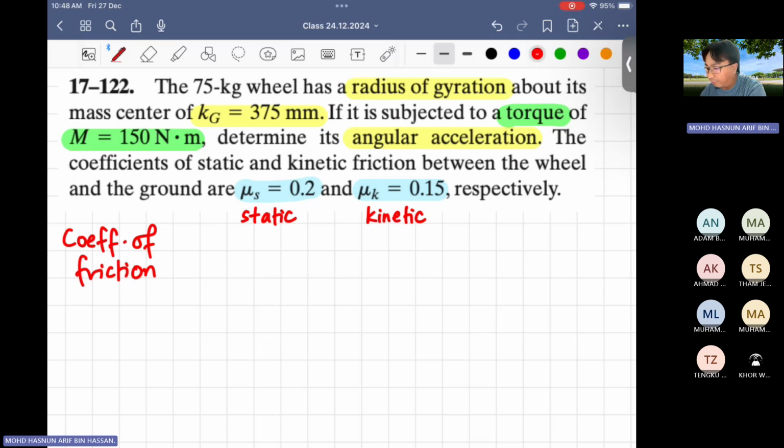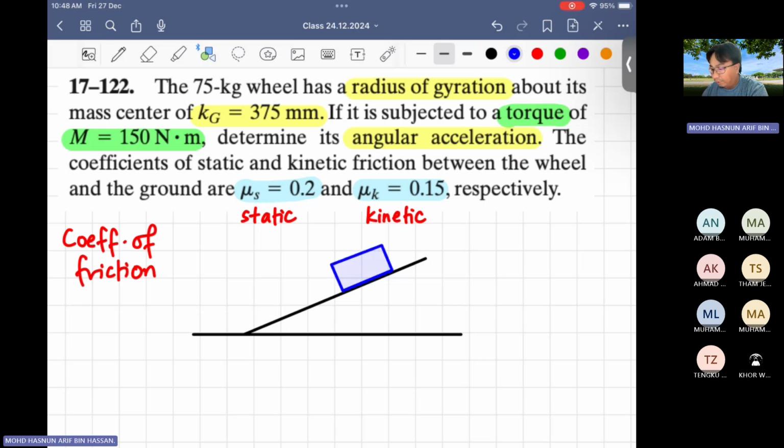Let me give an example. Let's take another object. For example, you have a platform like this, and then you have a box lying on this platform. Let's say that this box is not moving.